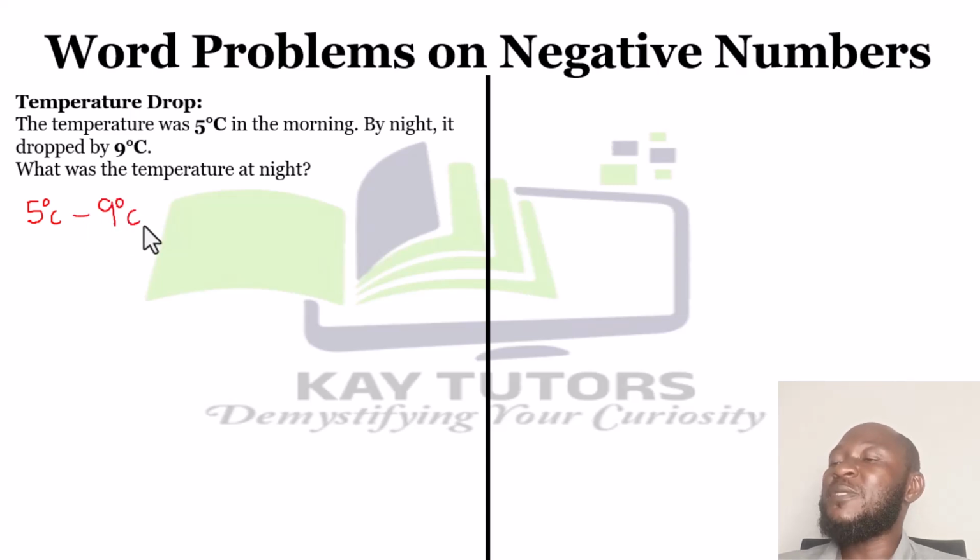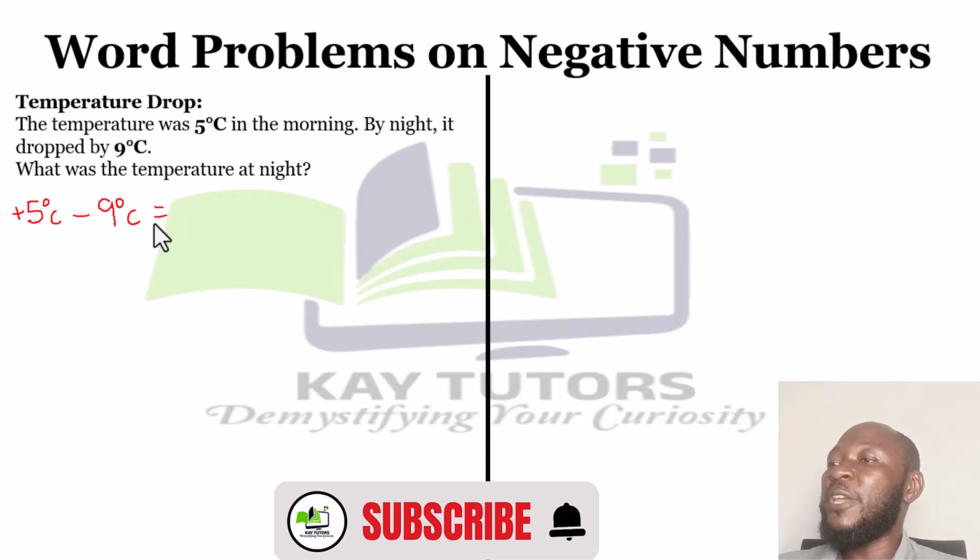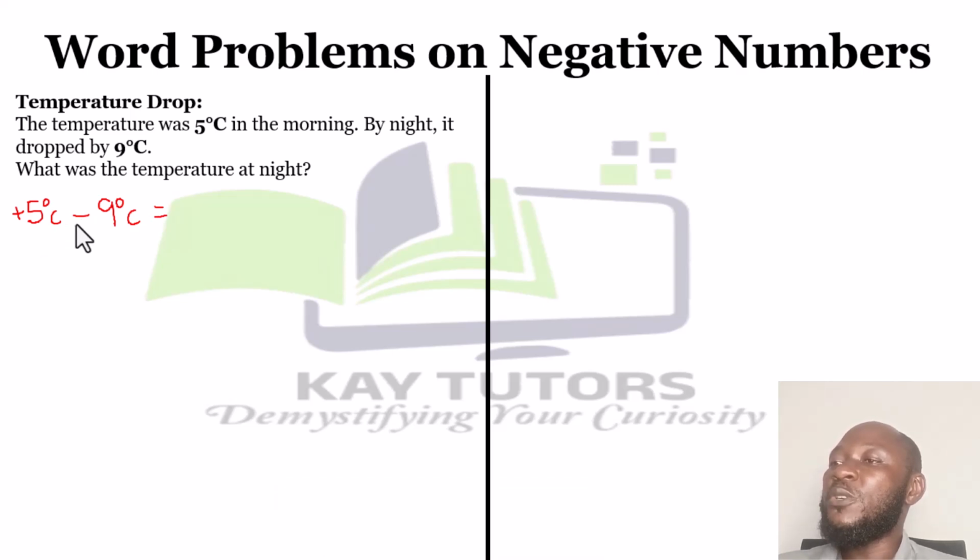It's a negative sign. So what will be my answer here? This is very simple. What is the temperature at night? This is positive 5 and this is negative. Okay, since I have different signs here, what will I do? I will subtract. 9 take away 5 is 4.